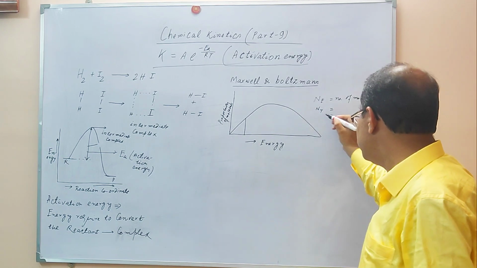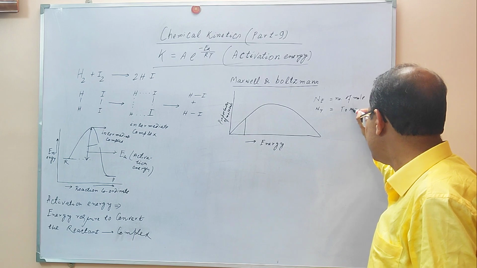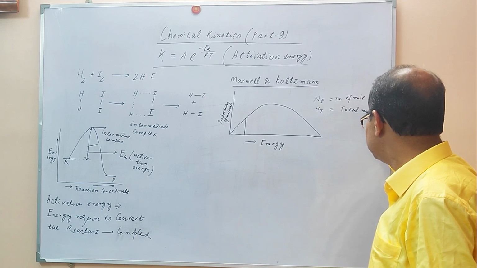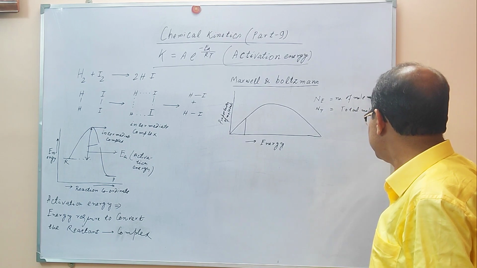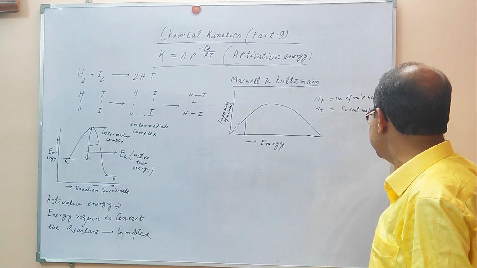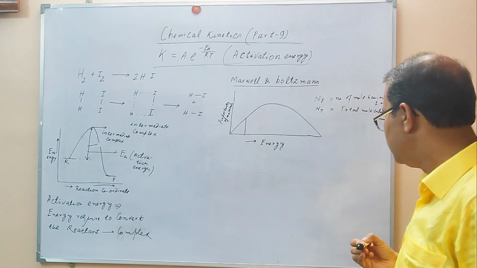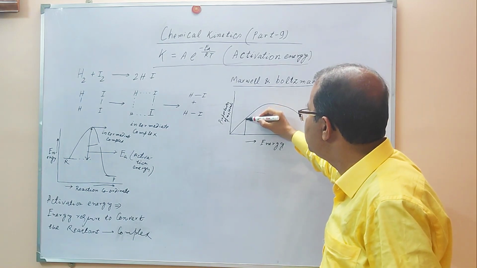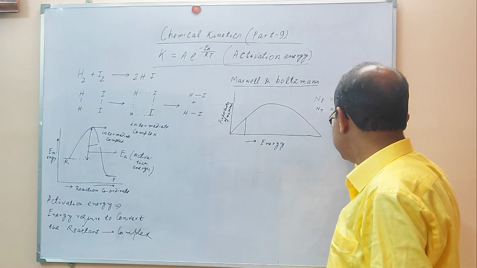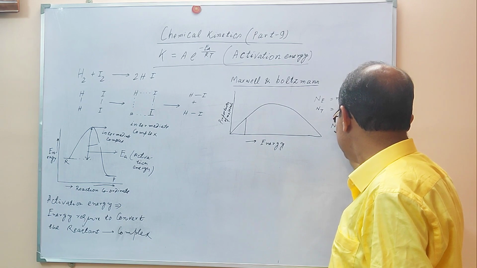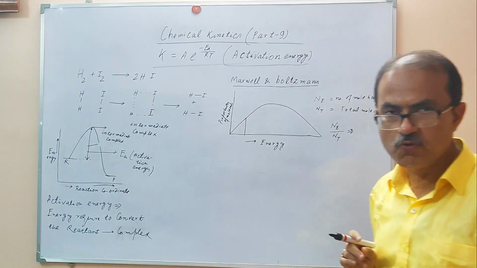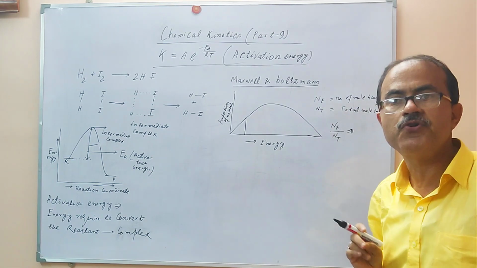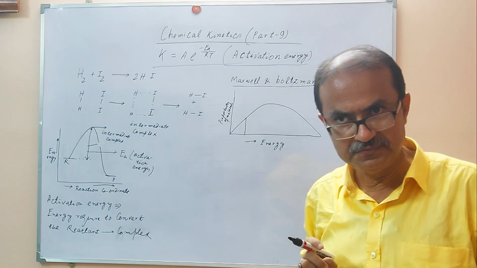Nt is the total number of molecules, and Ne is the number of molecules having E energy. So we can say Ne by Nt is the proportion of molecules that will have this amount of energy. Okay?